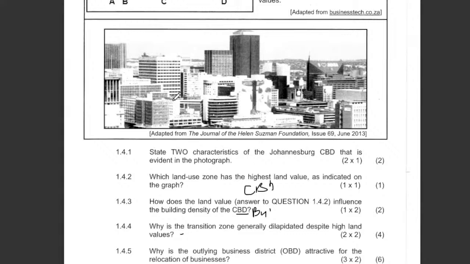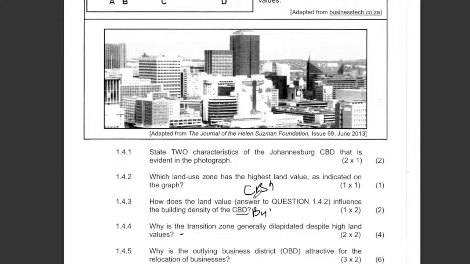The CBD has a lot of problems that result in people leaving the CBD and going to the transition zone, and reaching the transition zone, it increases its land value. The buildings are dilapidated because of the increasing population transiting towards that region.